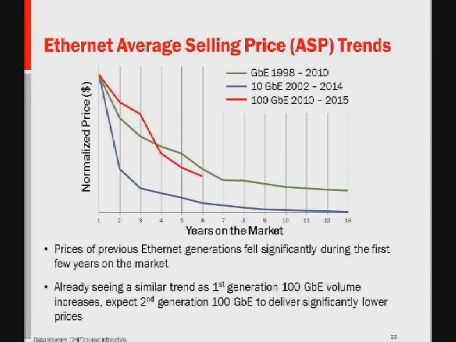If you look at the projections for 100 gig that we have now, we see that same sort of decrease, which is roughly, I'd say, 50 to 60% in the first couple years, and definitely as we move on into the third and fourth years, we see a really significant cost decrease. So I think everyone that's involved in either buying or selling 100 gig right now would agree that the prices aren't where we want them, but this is just where we are in the industry.